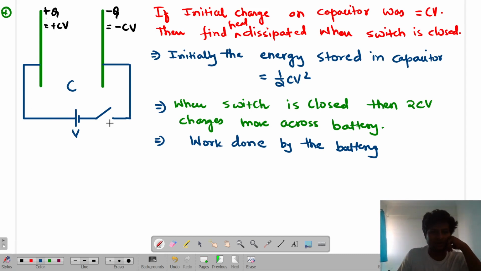Are you able to get me or not? This plus CV and minus CV is only keeping this battery at V potential. So the work done by the battery will be how much? Charge twice CV into the potential of the battery. So how much is this? Twice CV squared. Are you able to get me or not?